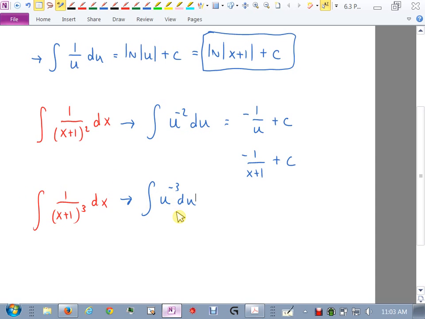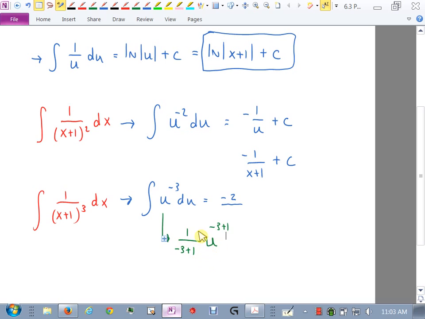The antiderivative of this would be 1 over negative 2, u to the negative 3 plus 1.